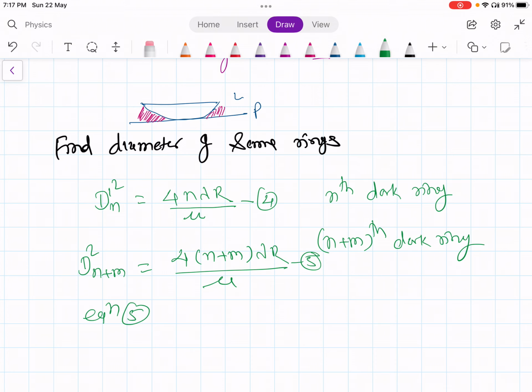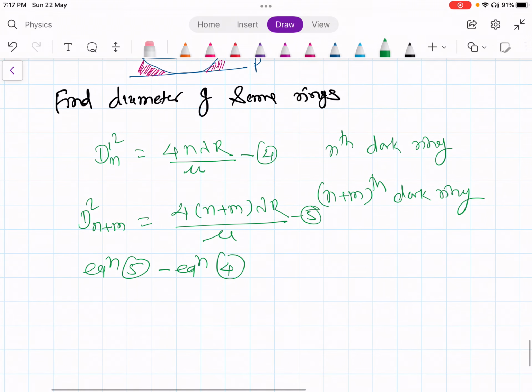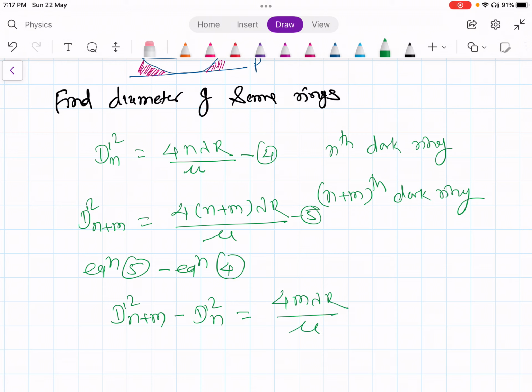Equation 5 minus equation 4. That would be d prime square of the n plus m ring minus d prime square of the n ring, and that is equal to 4m lambda R divided by mu. And this is equation 6.